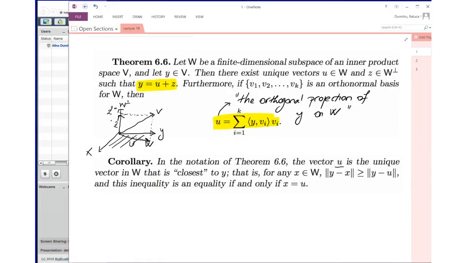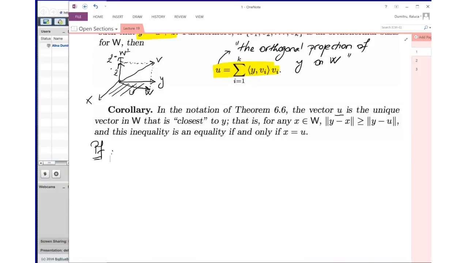So let's try to prove this. Let y be a vector in V. Y, according to the theorem above, can be written in a unique way as u plus z, where u is in W and z is in W perp.